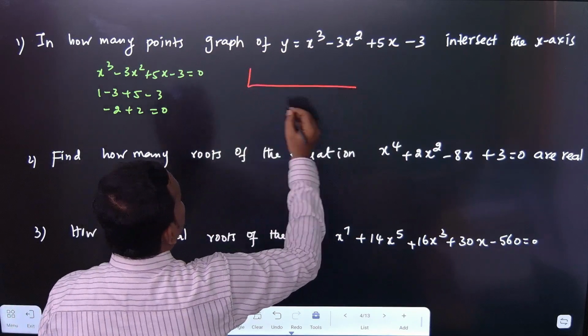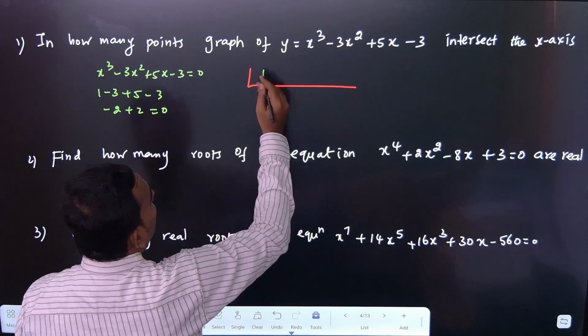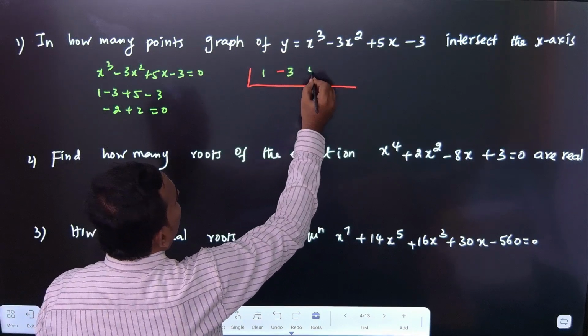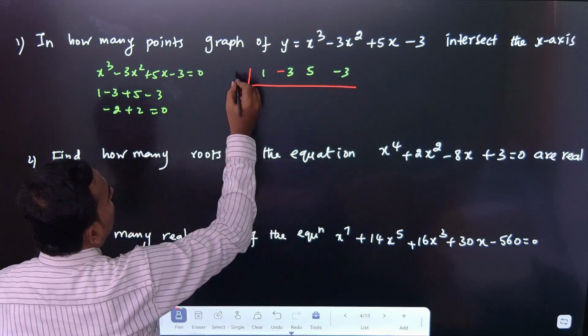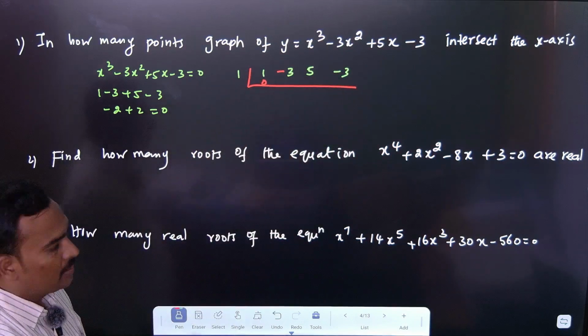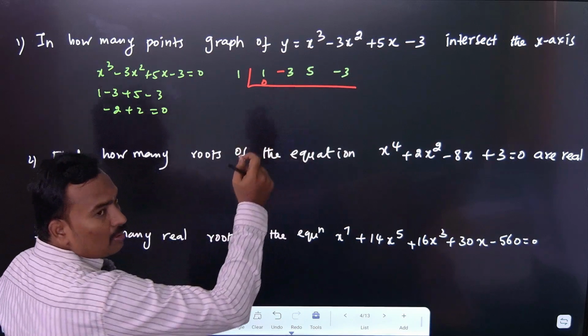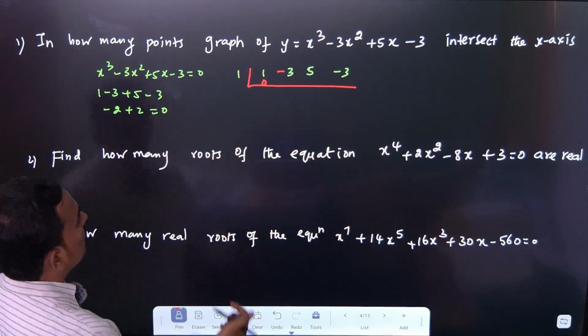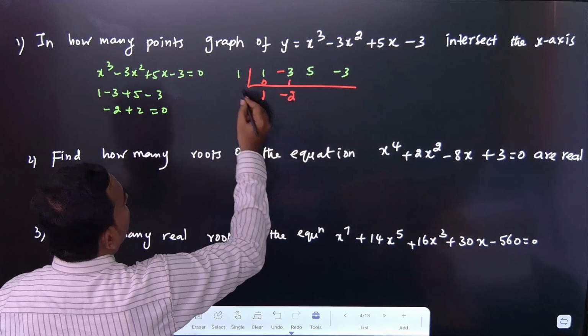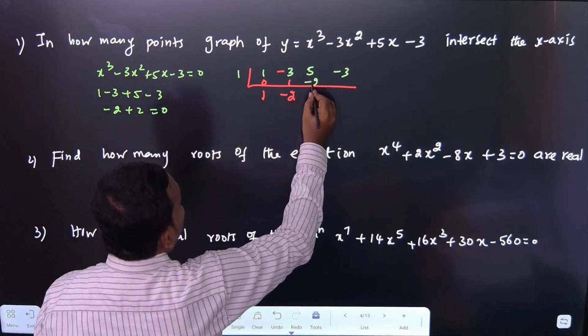Then use the synthetic division method. Write the coefficients of the polynomial: 1, minus 3, 5 and minus 3. Let us take 1 here and put 0. This is the rule for synthetic division. So 1 into 1 is 1. It is minus 2. Minus 2 into 1 here is minus 2.